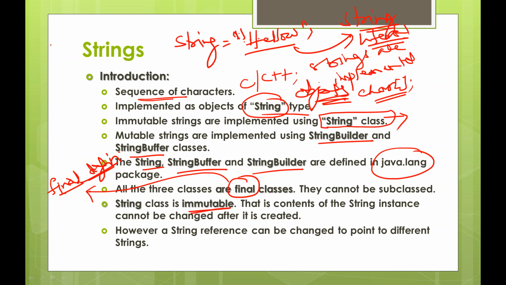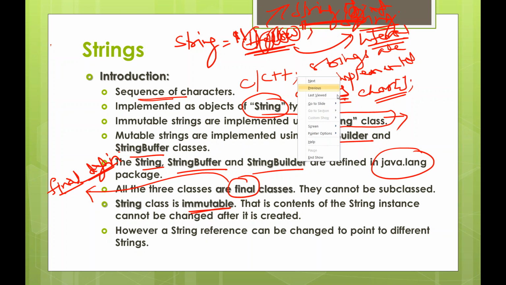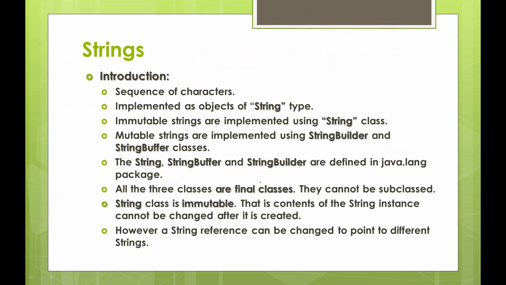Once you create a string object, even a string literal will create a string object, you cannot modify the contents of that particular string. Immutable means you can't change the contents.